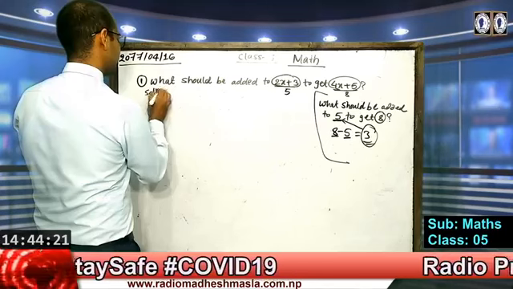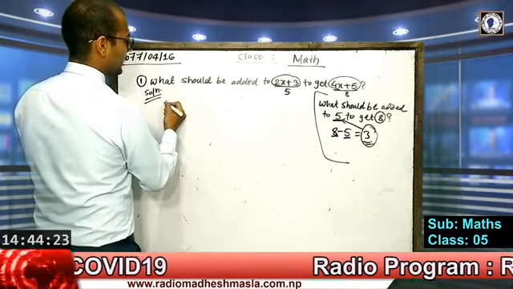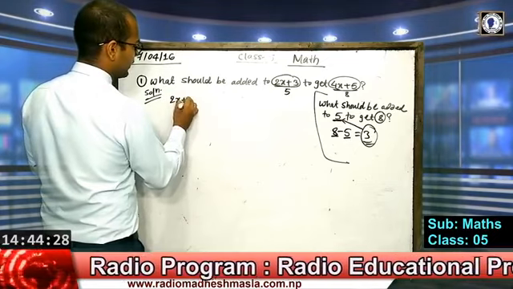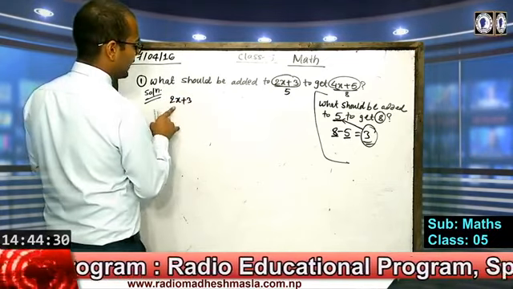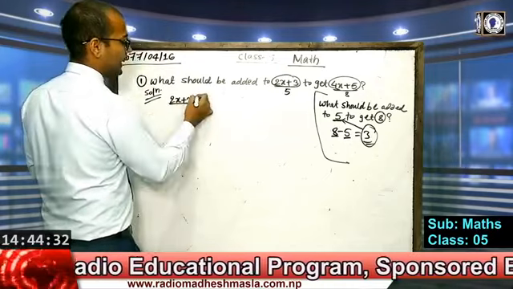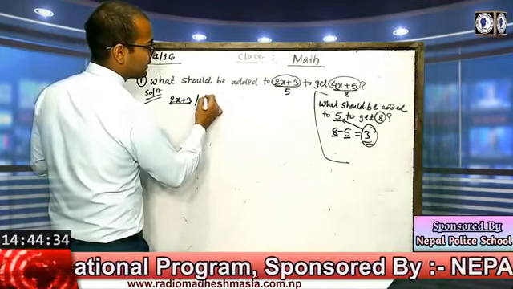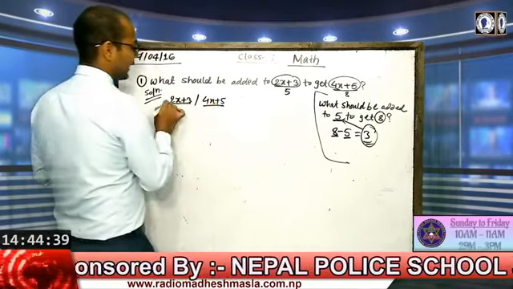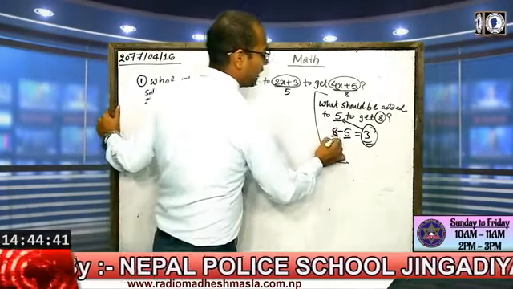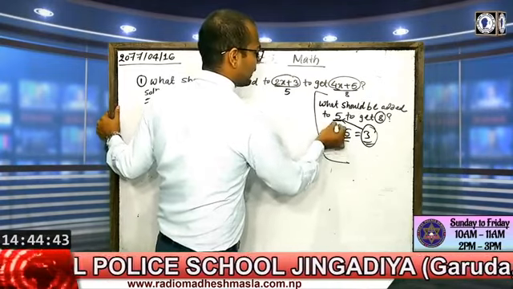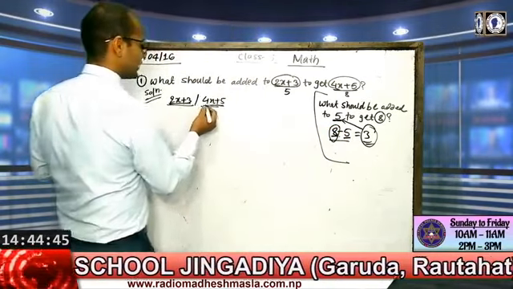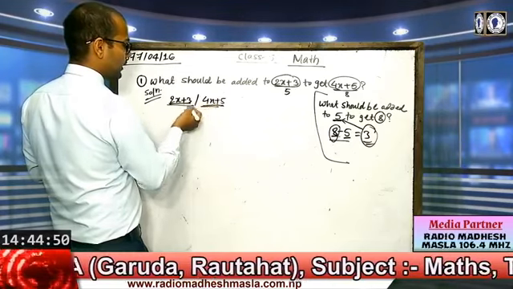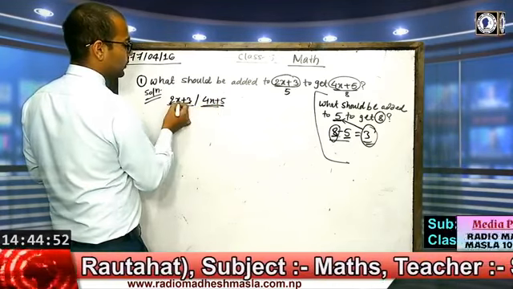Solution: at the place of 5 there is 2x plus 3, and at the place of 8 there is given 4x plus 5. So how do we do it here? We should subtract 5 from 8. In the same way we should subtract 2x plus 3 from 4x plus 5.